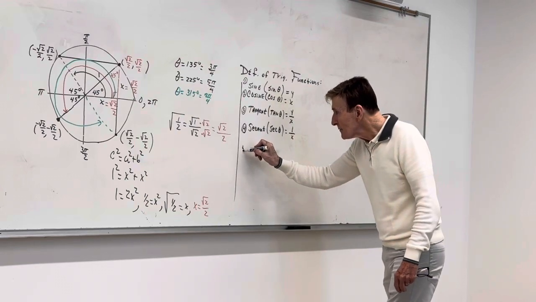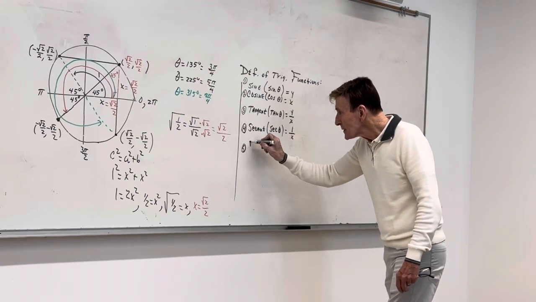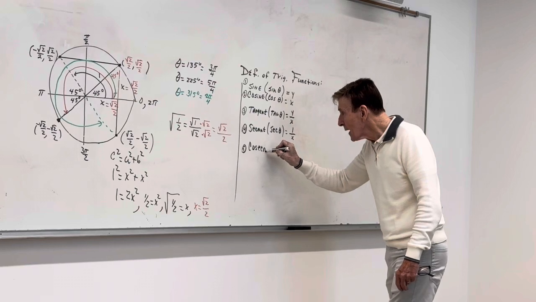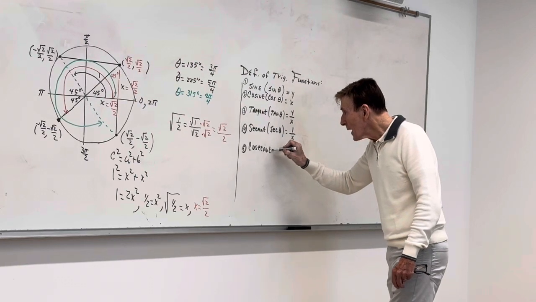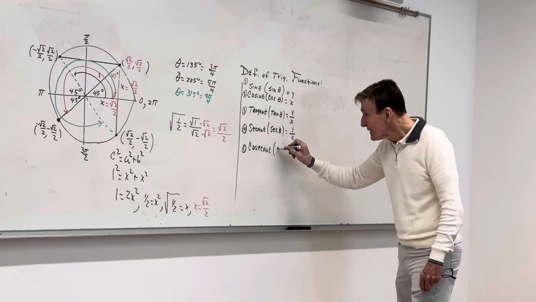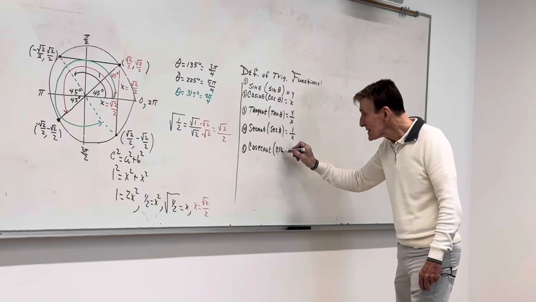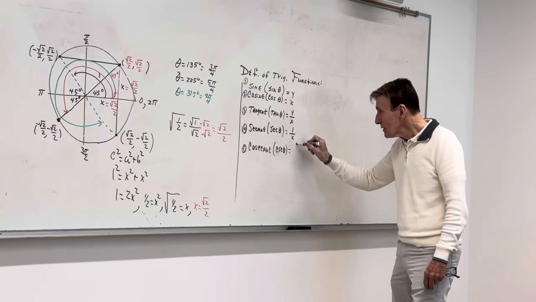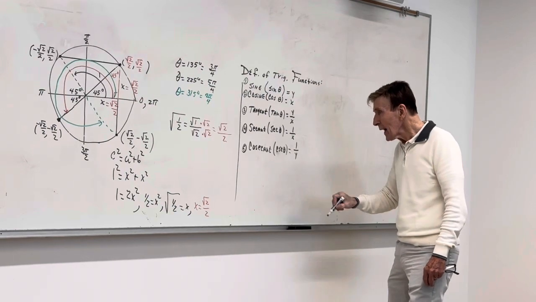Number 5, there's 1, it's spelled this way, cosecant, abbreviated CSC theta. Definition, 1 over y.